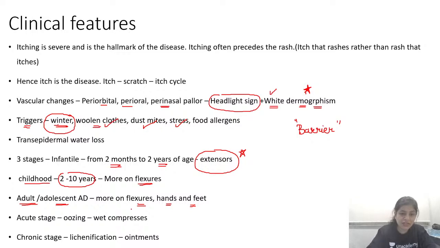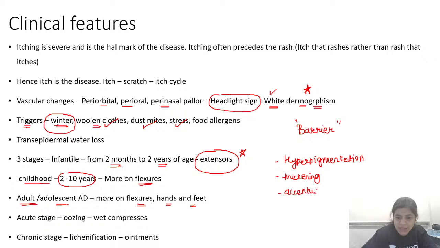So what is lichenification? Lichenification is a descriptive terminology which involves three changes on the skin. One, there is hyperpigmentation, meaning the skin tends to become darker. Second, there is thickening of the skin, or induration, and there is accentuation of the skin markings.